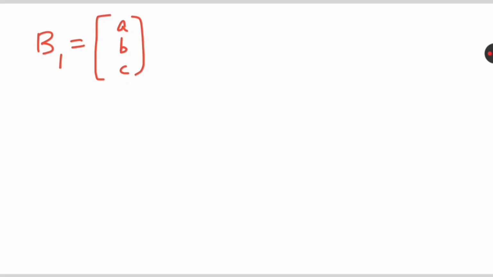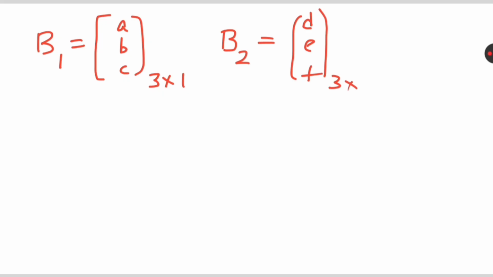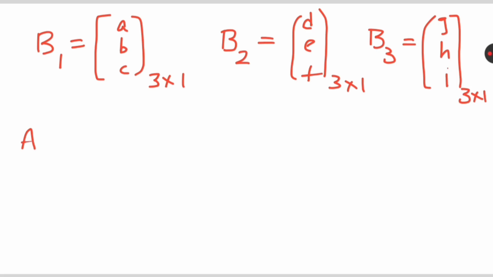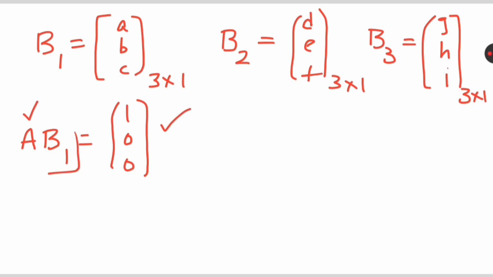Let us assume B1 as (a, b, c), B2 as (d, e, f) and B3 as (g, h, i). And we know that AB1, the result, is 1 0 0. Here we know the A matrix and we know the resulting matrix. So using these two, let's go and find the B1 matrix.